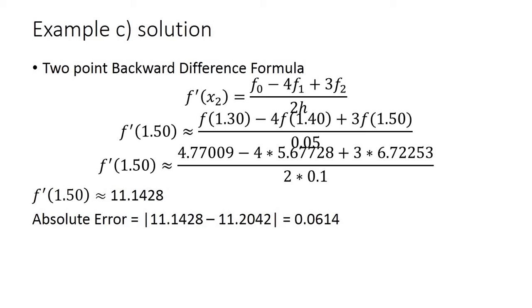So this will be f of 1.3 minus 4 f of 1.4 plus 3 f of 1.5, and then times 2 times h, and then you should get 11.14. Sorry about this 0.05, I made a mistake there.